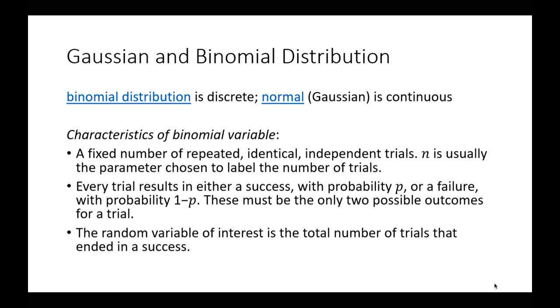You're using the same coin every time. That's the identical part. And then you're repeating that a bunch of times. Binomial means two outcomes, and the outcomes are either going to be heads or tails. And they could be 40-60, or 50-50, that split of what the outcome is. That's the P that we're referring to.